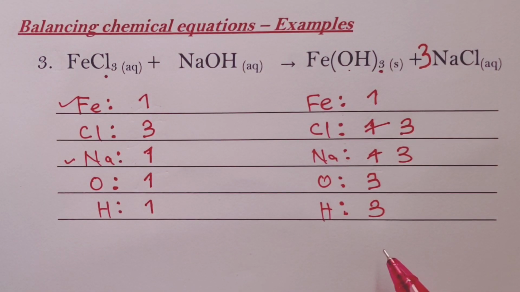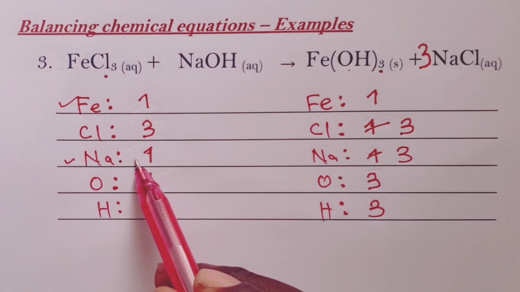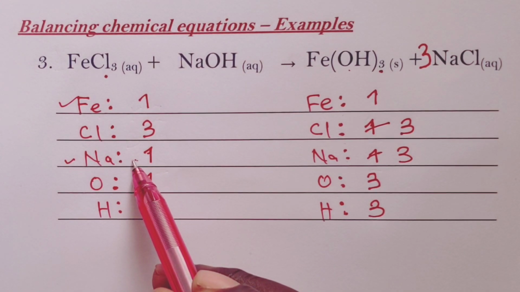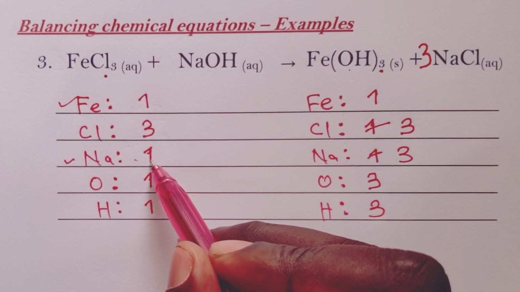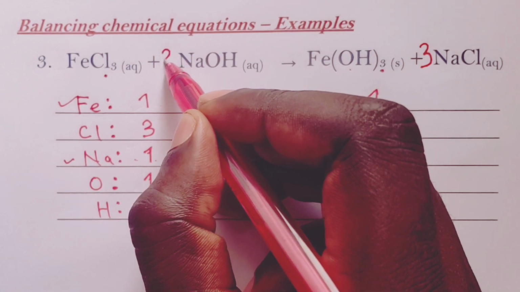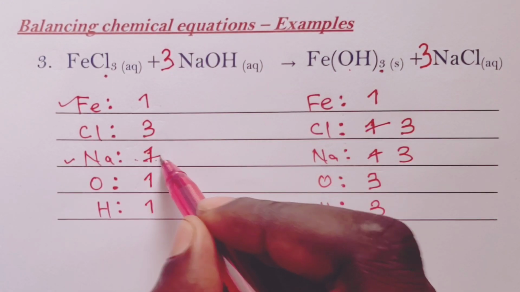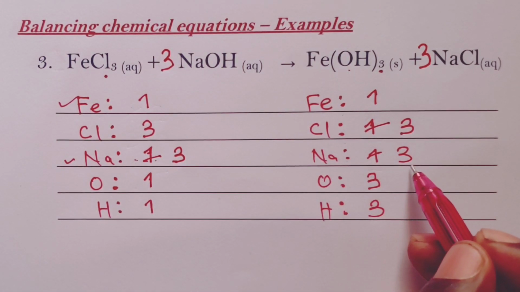Now, once I do this, I realize I have created an imbalance on sodium on the left. So I'll also need to make my sodiums 3 on the left. I put a 3 here so that my sodiums become 3 in an effort to balance them with the ones I have on the right.